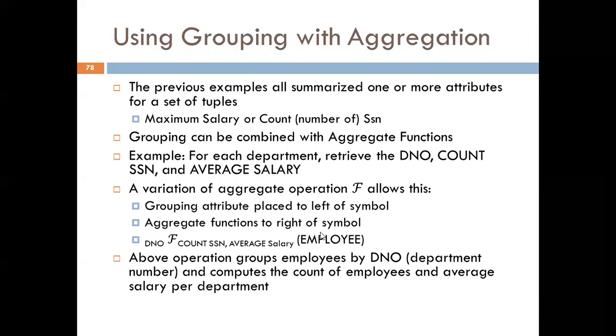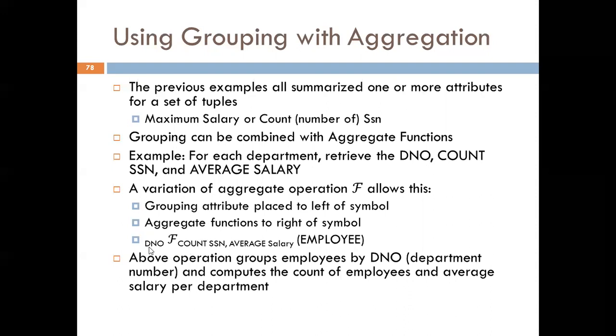So this is a variation of the aggregate function operator F. The grouping attribute can be placed to the left side of the symbol, and the aggregate functions to the right side. The same F is utilized, but here the grouping attribute is written to the left side of this symbol and to the right side we specify the aggregate functions.